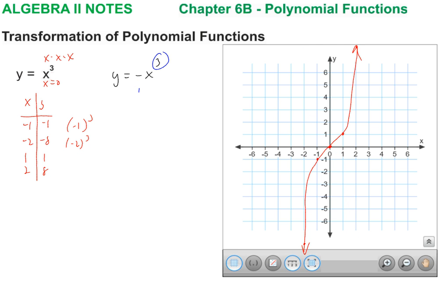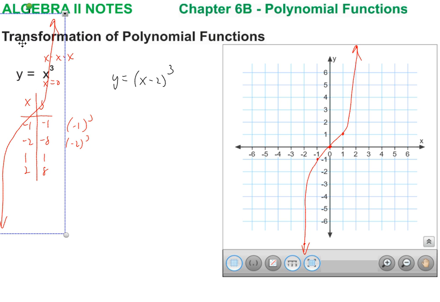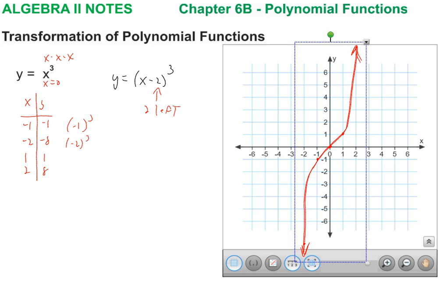Okay, what else? Let's get rid of that. What if we had y equals the quantity x minus 2 quantity cubed? All right, so on this one, what we have is a transformation of 2 left. So here would be this function.